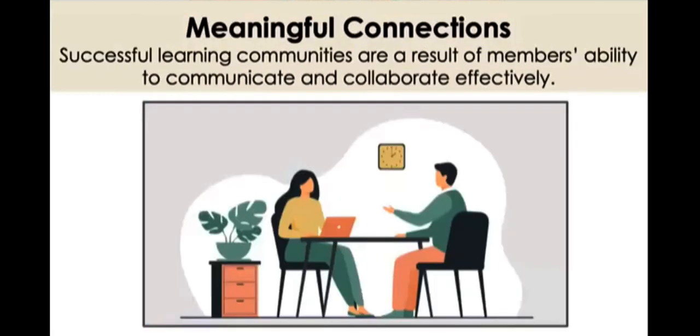Successful learning communities are the result of a member's ability to communicate and collaborate effectively. Learners should have opportunities to reflect on and discuss thoughts, ideas, and opinions with other members via the technology that they're using.